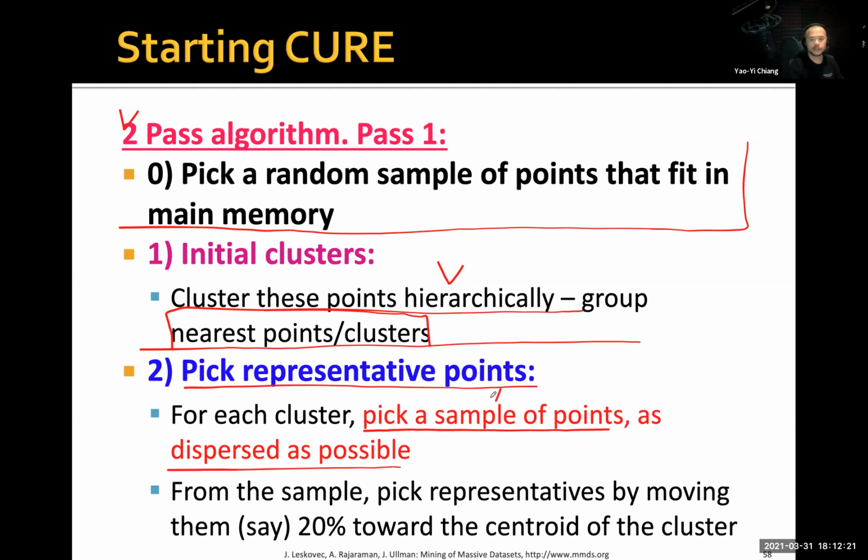This can be 4 points, 5 points, 10 points, 200 points. It all depends on your memory requirement. If you only have a few clusters and you have huge memory space that you can use, you can pick more samples. And you want them to be as dispersed as possible because a cluster looks like this.